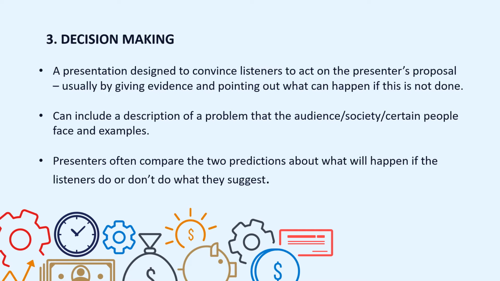Okay, so the decision making type of presentation skill is a presentation designed to convince listeners to act on the presenter's proposal, usually by giving evidence and pointing out what can happen if this is not done. Based on this first point, I give you an example.